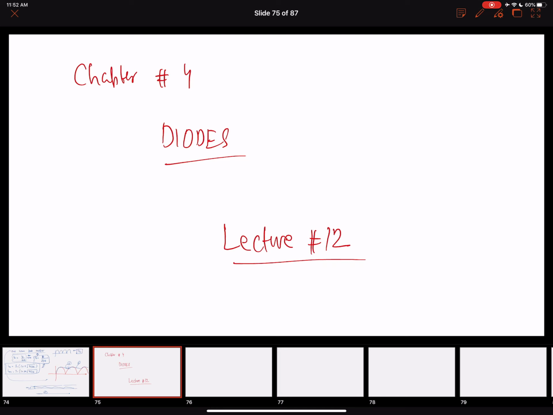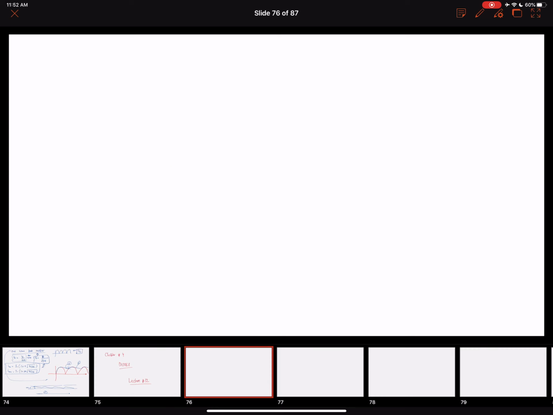We are going to do some quick examples of some more applications of diodes. We're going to do a few of these quick examples in which we can use diodes in wave shaping circuits.